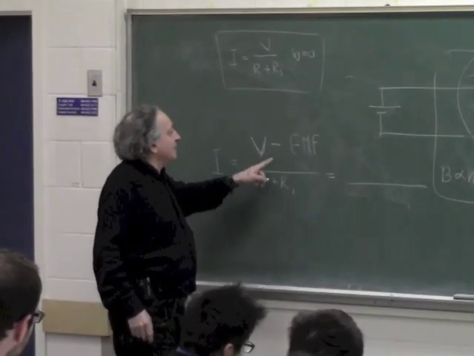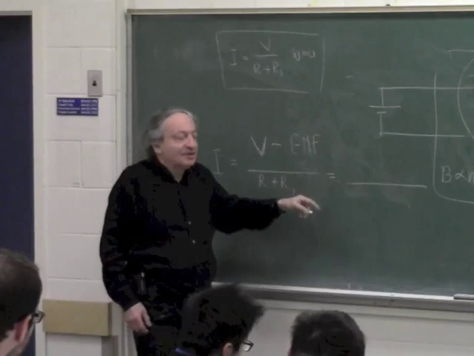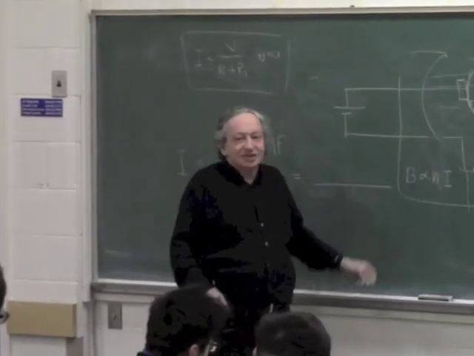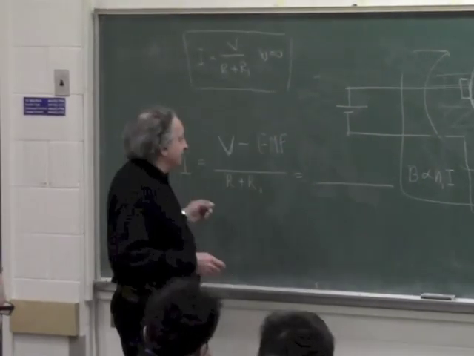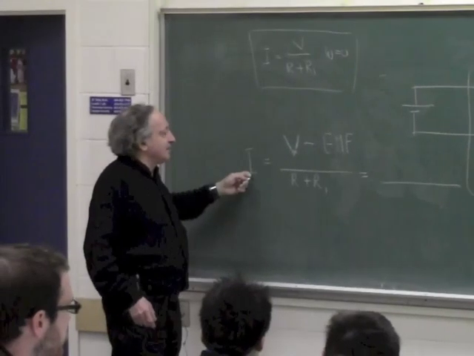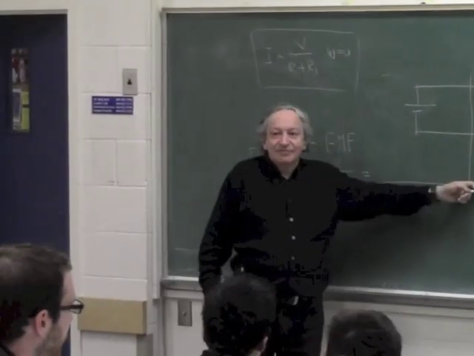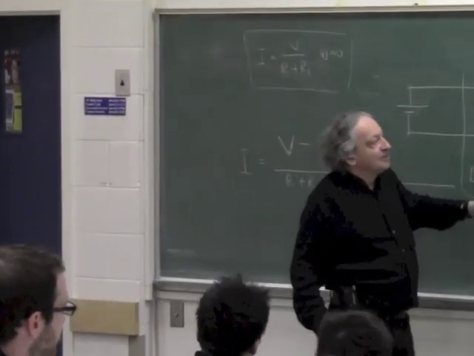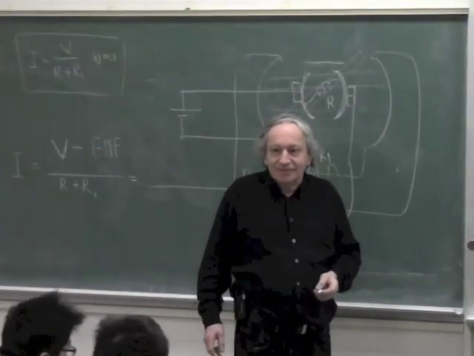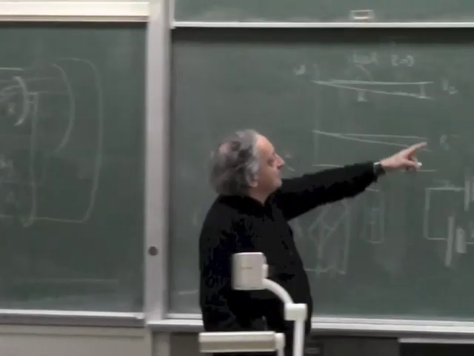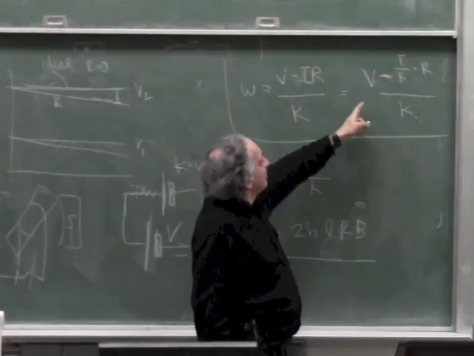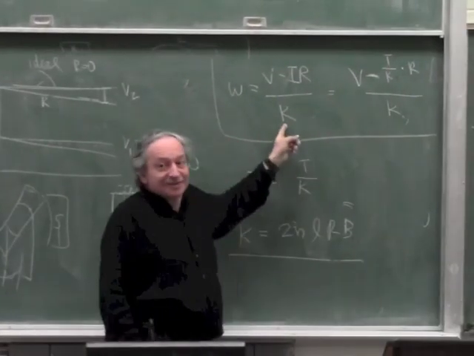If the EMF catches up with the voltage, the current becomes near zero, so B becomes near zero. If B is zero, K is zero. If K is zero, then omega is infinity.